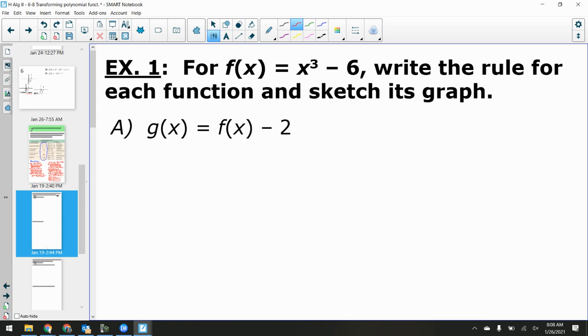All right, for f of x is equal to x to the 3rd minus 6, we're going to write the rule for each function and sketch its graph. I would say for this, we could use our calculator to sketch the graph, just to make sure that it's doing what we think it should.